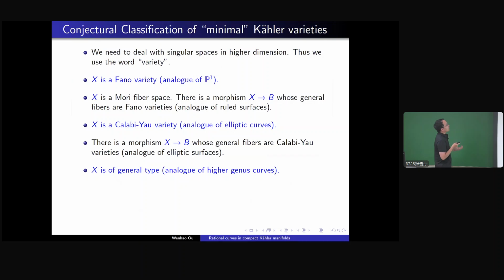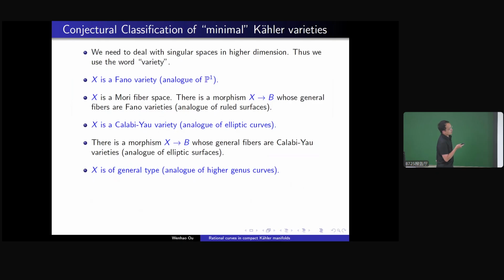Now assume everything works very well. So assume the minimal model program works and assume the abundance conjecture works, then we will have this conjectural classification. So starting with some compact Kaehler manifold, we use the minimal model program to find some minimal representative, which is a minimal Kaehler variety.